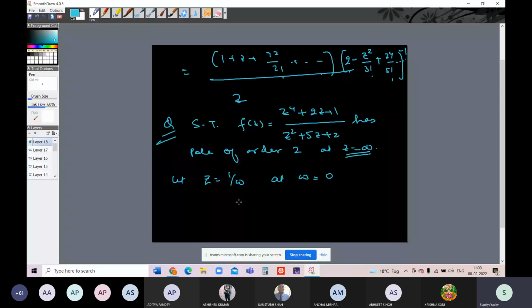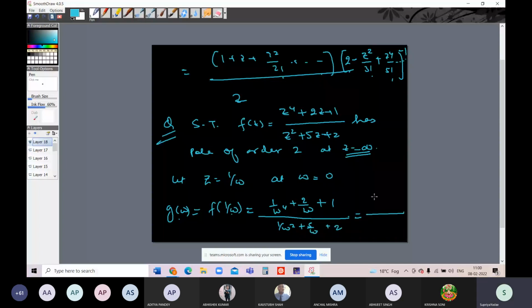Okay, now substituting here z is equal to 1 by omega. So our function f of 1 by omega is g omega, and correspondingly the change in this function will be 1 upon omega to the power 4, 2 upon omega plus 1, divided by 1 upon omega square, 5 omega plus 2.